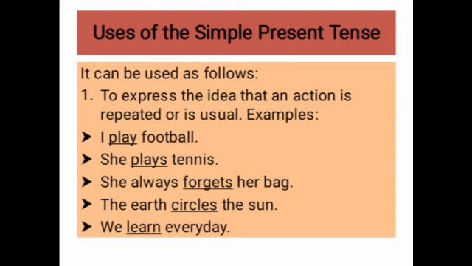The next one, read it for me. Okay, thank you. She plays tennis. She plays tennis. What's the verb? Plays. Thank you very much. You can see now that the verb plays has an S at the end, but the first sentence has play, there's no S. Why?